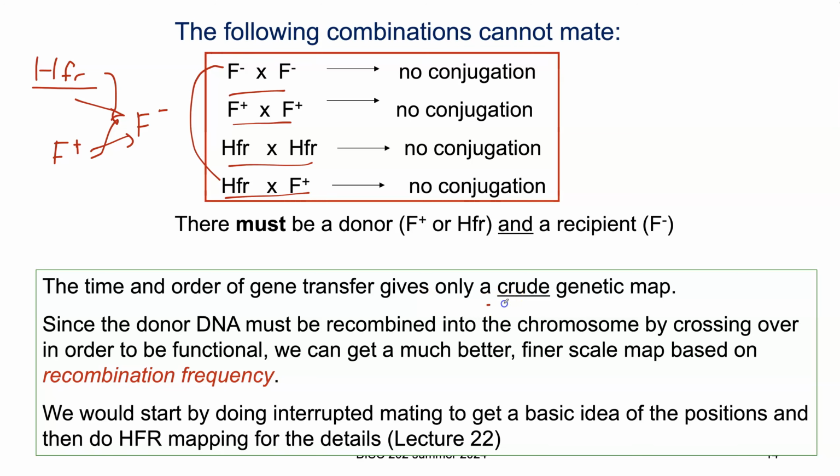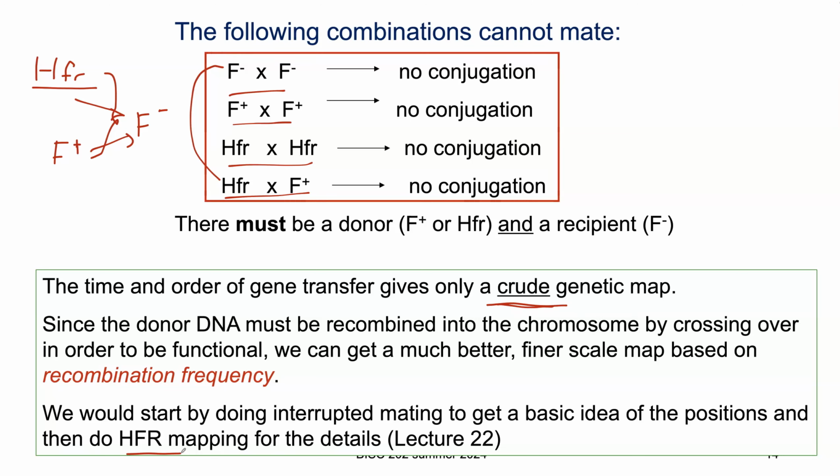And just the genetic map we generate from interrupted mating is a crude map. However, it's a useful starting point because if we know the relative order of the genes and just a sense of how far apart they are, that helps us to do a really good design of the crosses we want to do for HFR mapping, which requires a lot more care and attention.